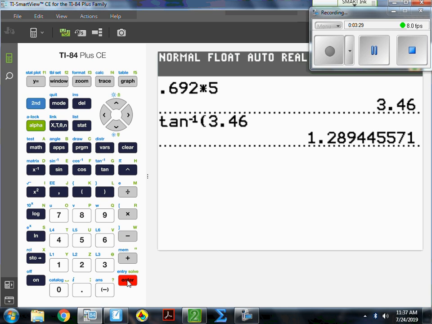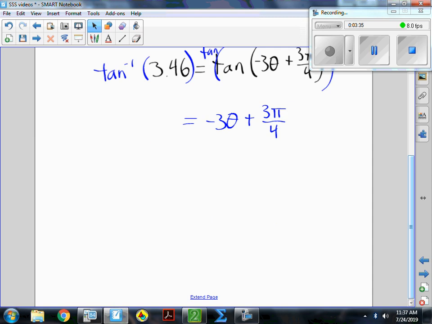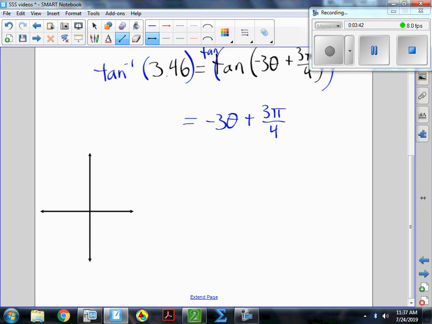So let's take a look at our normal graph and look at our quadrantal values. So we know 0 radians and pi radians, but for pi now we're going to do 3.14.